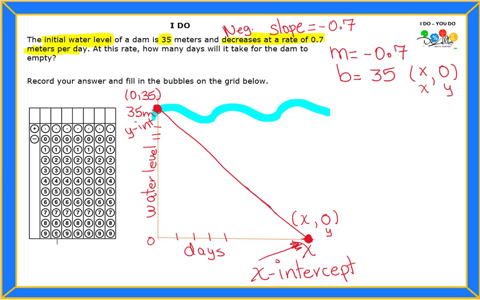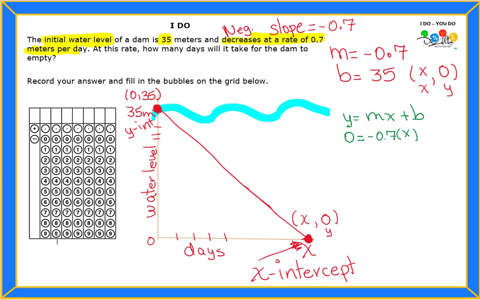So of course I need to use the slope intercept form. So I'm going to say y equals mx plus b. And I believe we have enough information to work it out, and that will help me find the value for x, because the y value is 0, so I'm replacing the 0. The slope is negative 0.7. How about x?